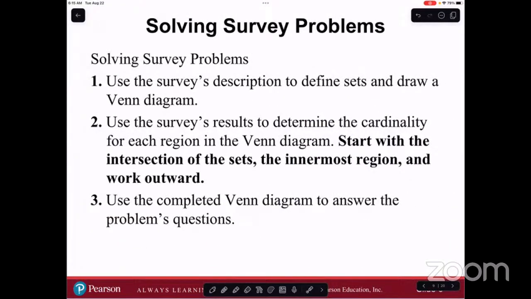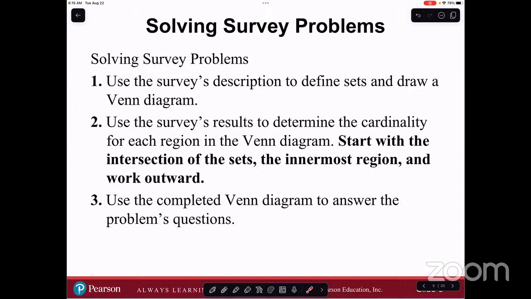Solving survey problems: use the survey's description to define sets and draw a Venn diagram. Use the survey's results to determine the cardinality for each region in the Venn diagram. Start with the intersection of the sets, the innermost region, and work outward, as we said last time. Use the completed Venn diagram to answer the problem's questions.